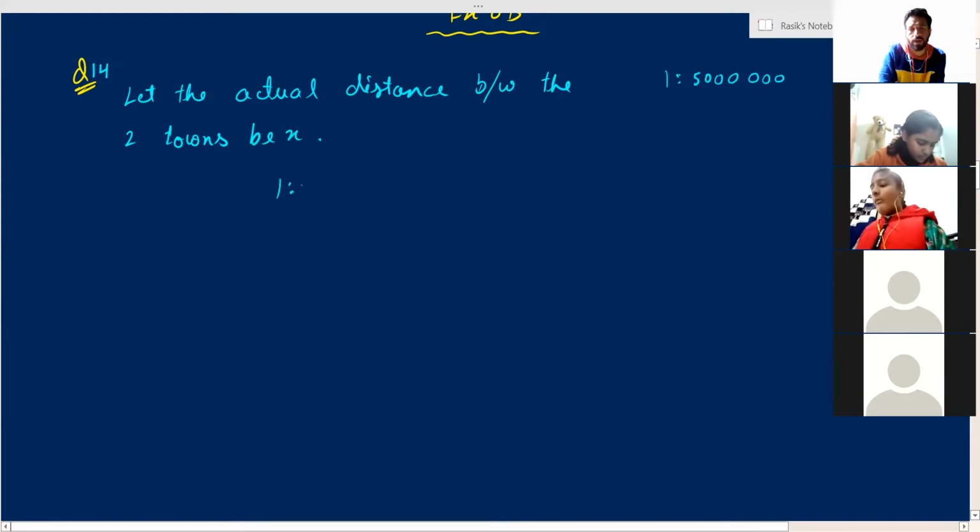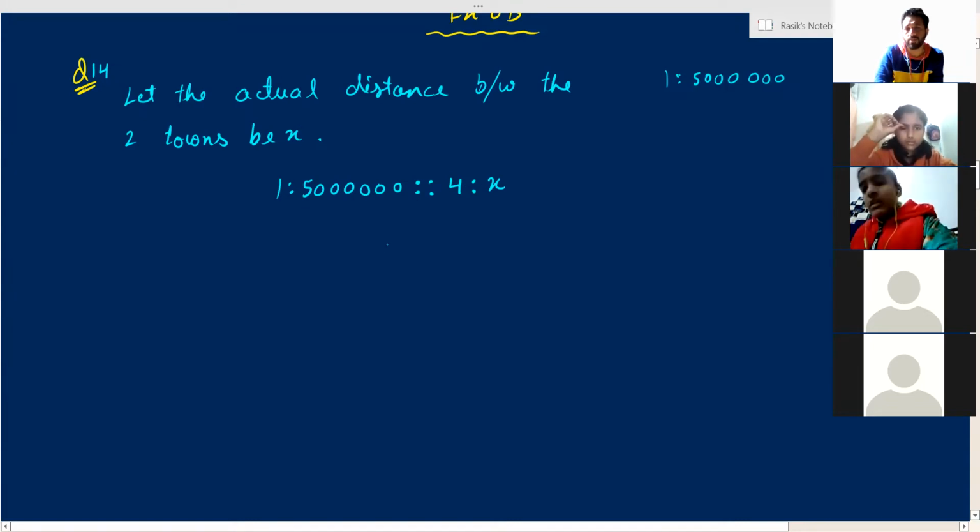This means 1 is to 50 lakh. The numbers will be in proportion; the ratio will remain the same. Now in the map, the cities are 4 centimeters apart. So 1 is to 50 lakh as 4 is to x. Understood the logic? Yes.